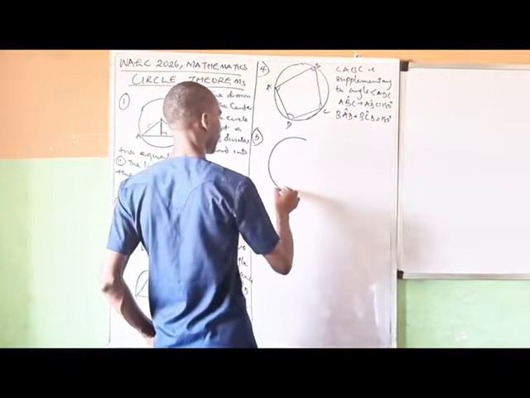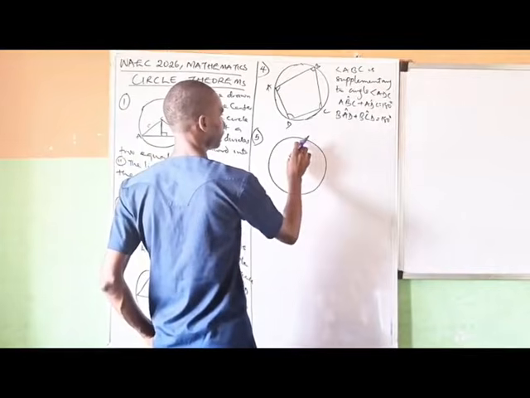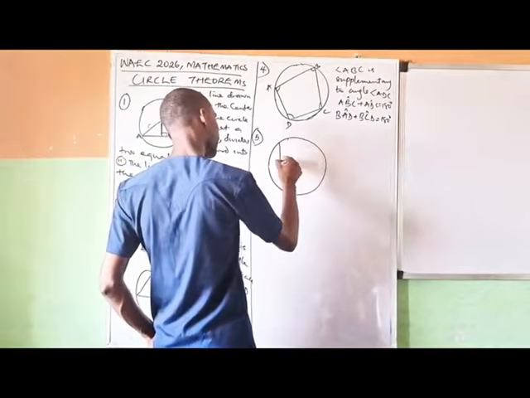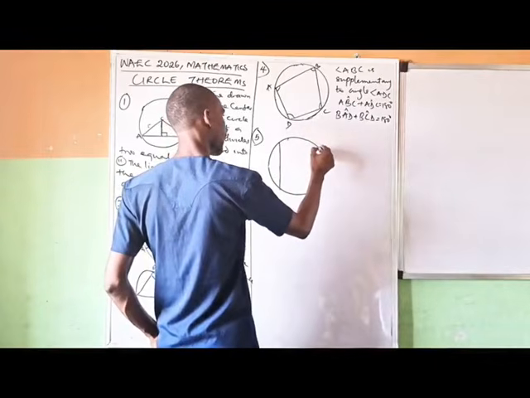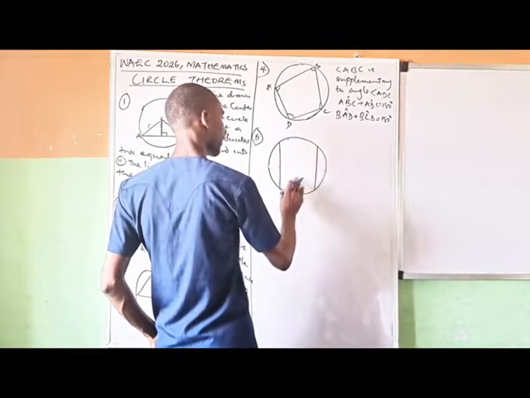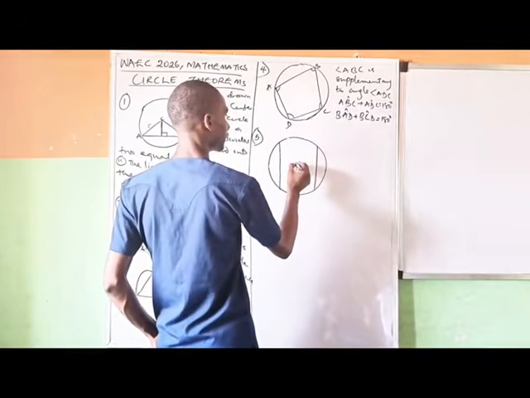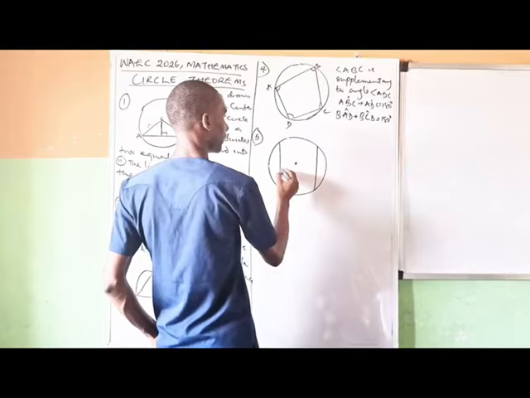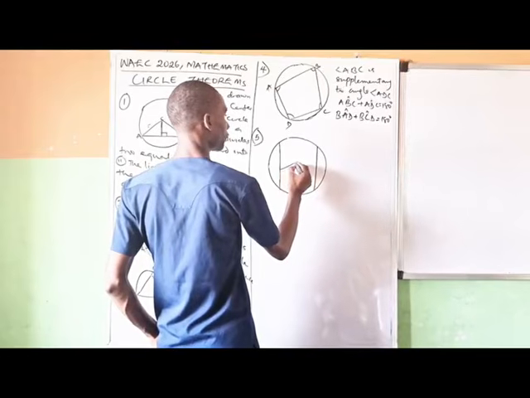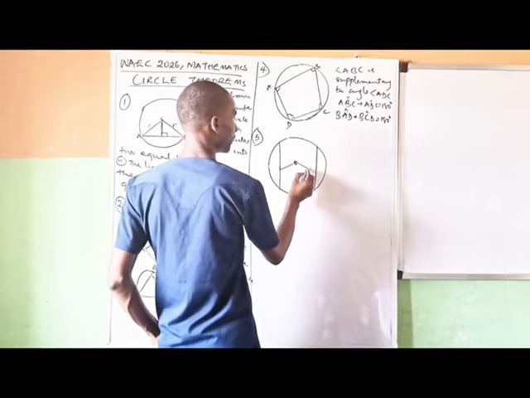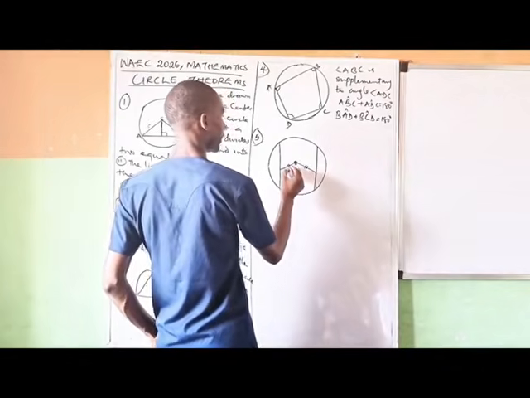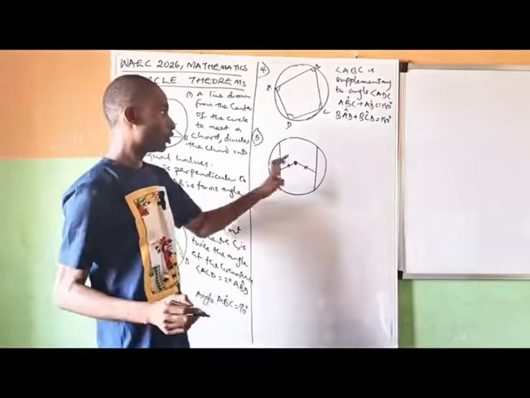Number 5. If I have a circle and I have a chord of equal length and the center here, the distance from this chord to the center is the same as the distance here. So look at this.